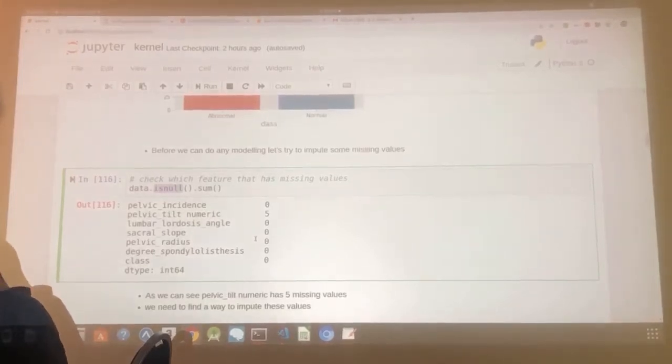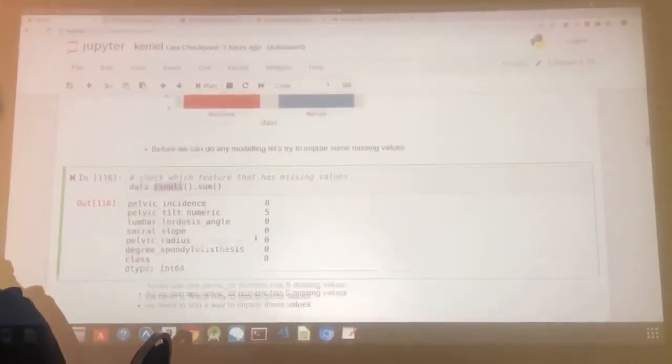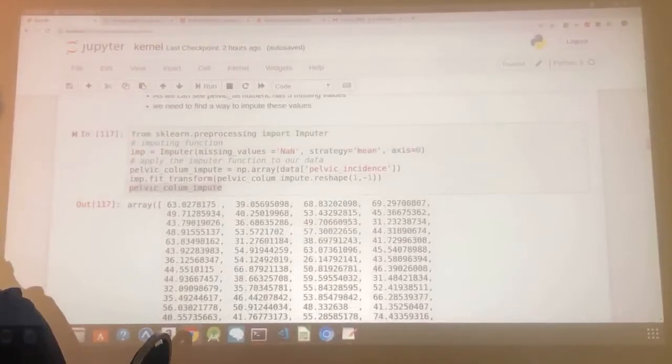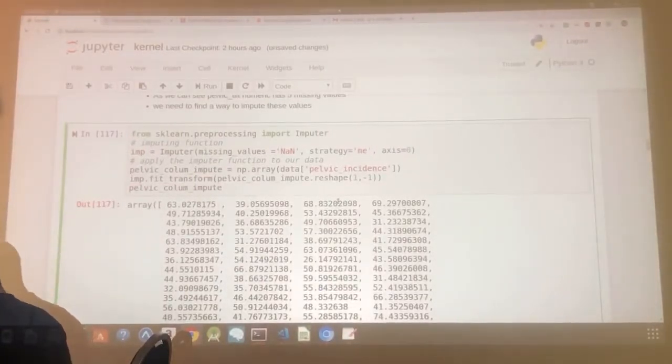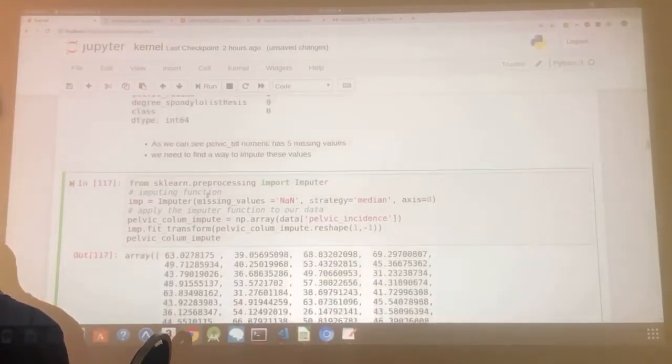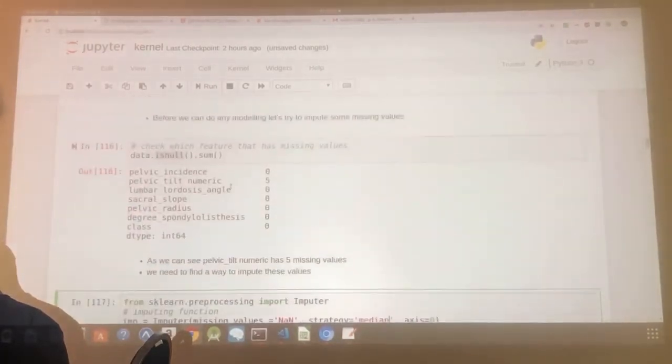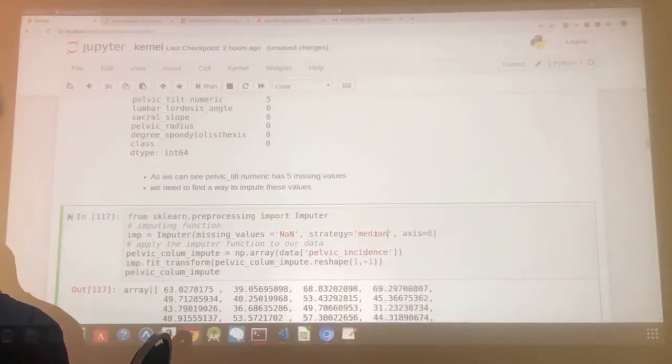Okay, so she's saying we can use a mean, and you can use a median if you want to.